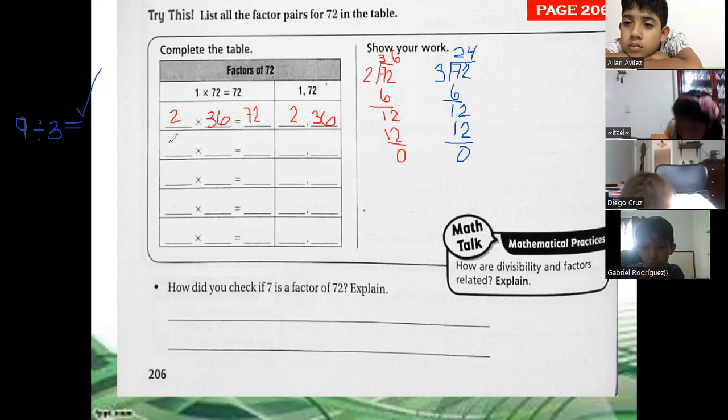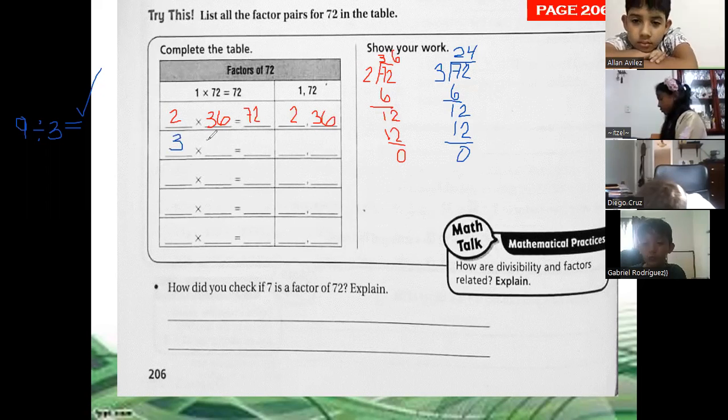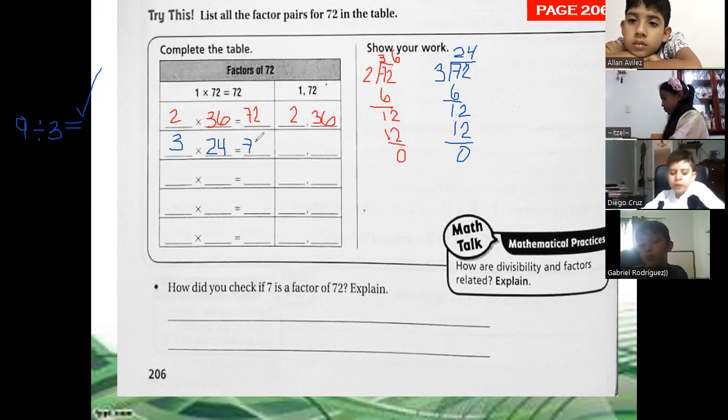So the next factors are 3 and what is the second one? What is the second factor, Alan? You are not paying attention. 24, it is the quotient here. 3 times 24 equals 72. These are the multiplications and the factors: 3 and 24.